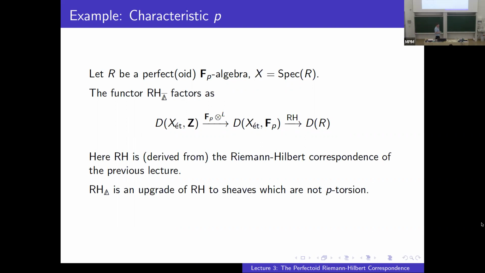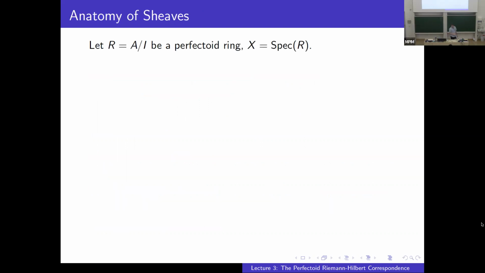So RH prism, when you apply it to p-torsion sheaves, you recover the construction of the previous lecture, but you can also apply it to sheaves which are not p-torsion, and it produces answers that are Frobenius modules, now not over R, but over the ring A, which in this case is just the ring of Witt vectors of R. Okay, so that's the characteristic p case.